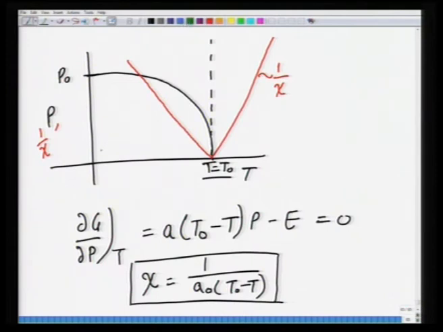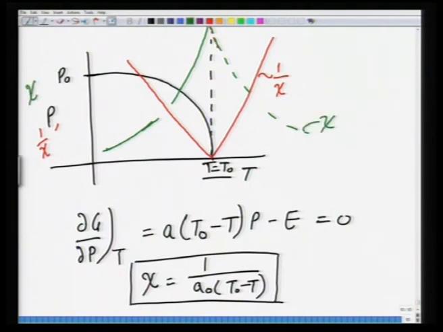If you plot chi, since this is coming down, chi goes abnormally high at temperatures close to T naught. So, determination of chi is rather impractical. 1 over chi gives a much better representation of behavior of second order transition near the Tc.